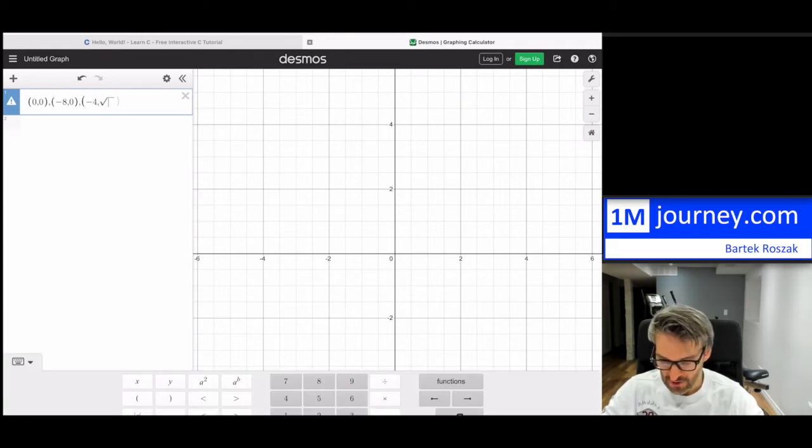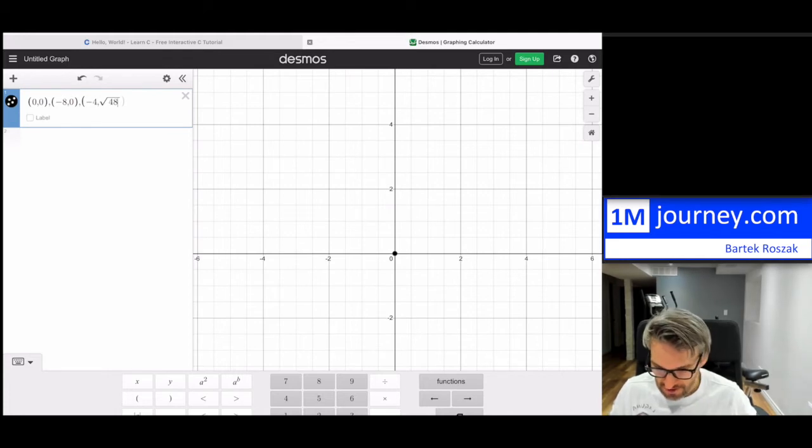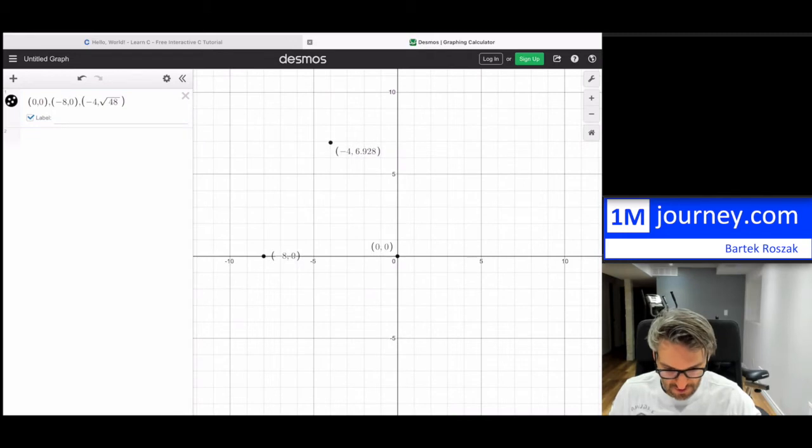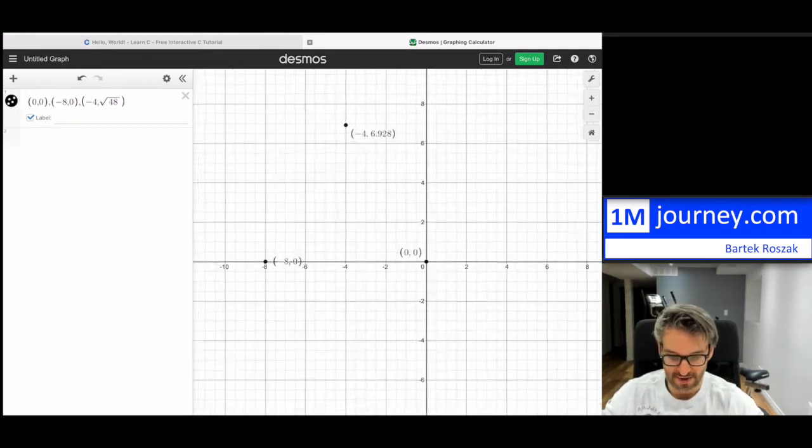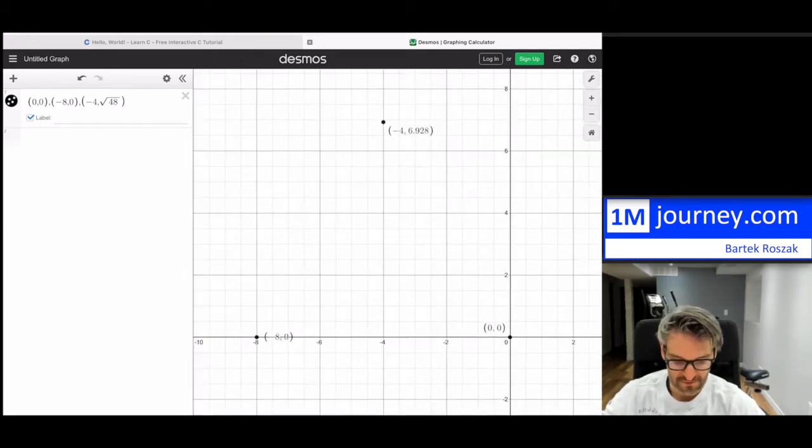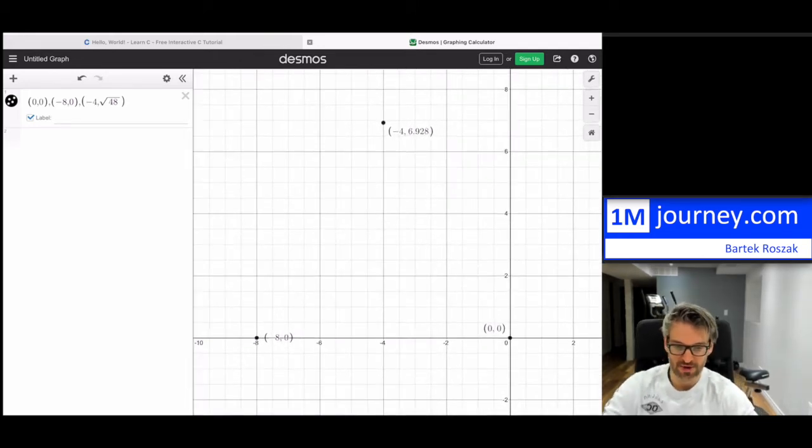So I have a square root symbol that I can use there, 48. All right, so we'll do that and then we'll label them. Okay, so that's what we have here. And that is our equilateral triangle there. Now if we graphed it, it kind of would look like an equilateral triangle, but of course we have to check it for ourselves to see.